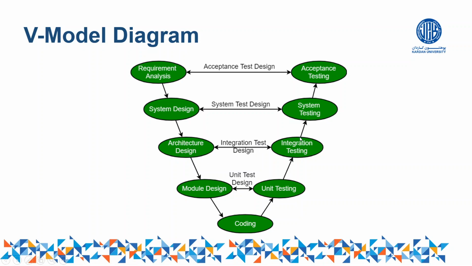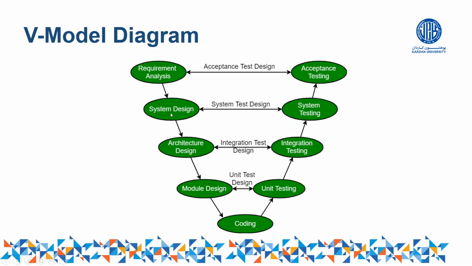And after the integration testing, system testing is done. System testing is done according to the system test design document that is produced in this phase, that is system design.